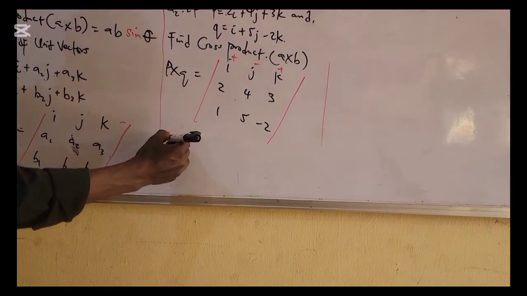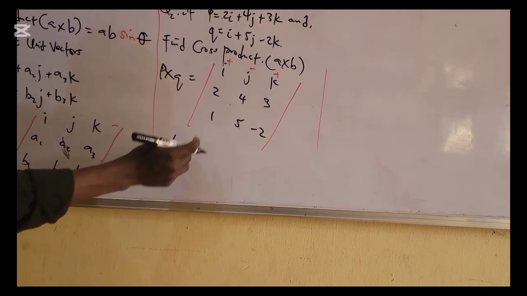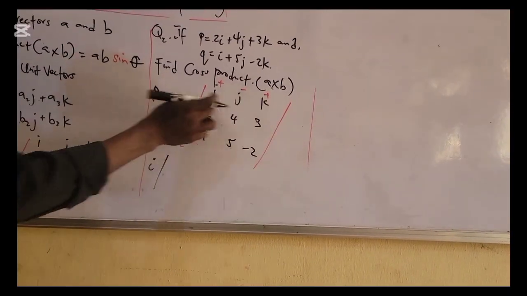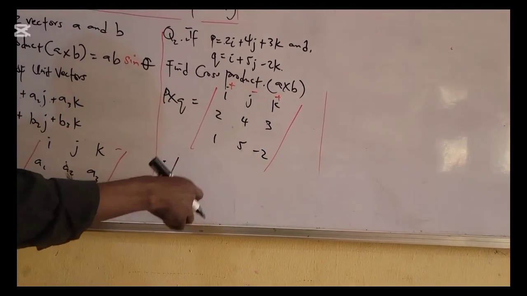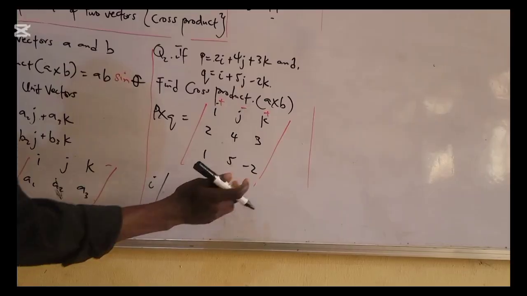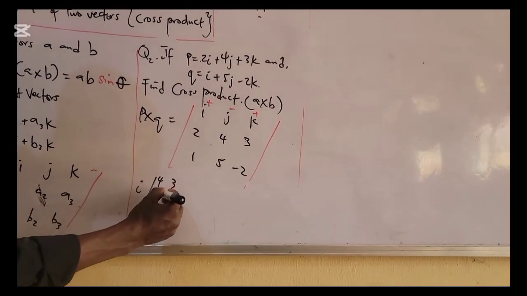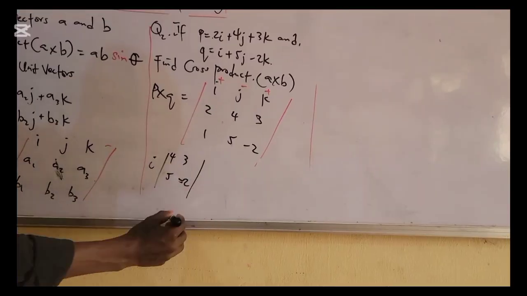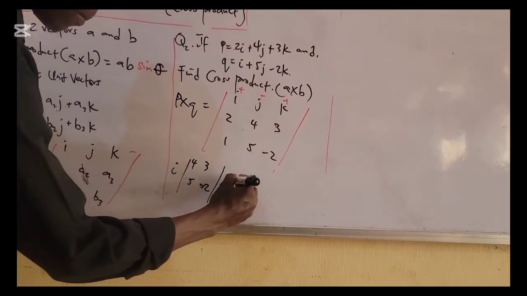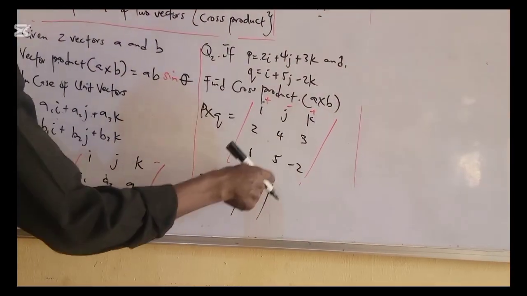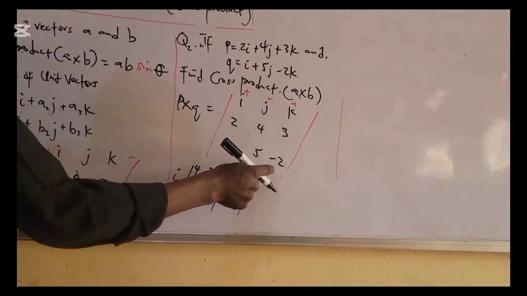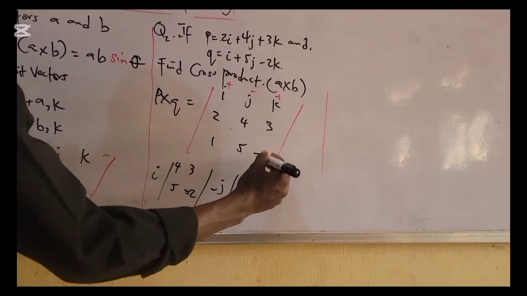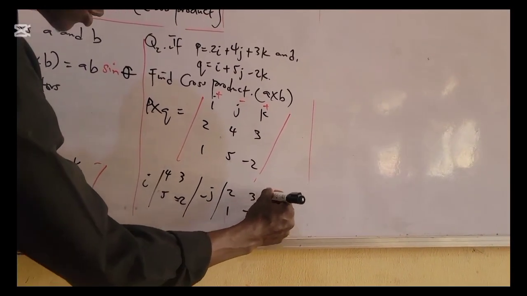So now we can have I, determinant of. We cross out whatever is on the row and column of this place, so we are left with 4, 5 and 3, minus 2. Then minus J, this one is cancelled out, this one is cancelled out, so we are left with 2, 1, 3 and minus 2.